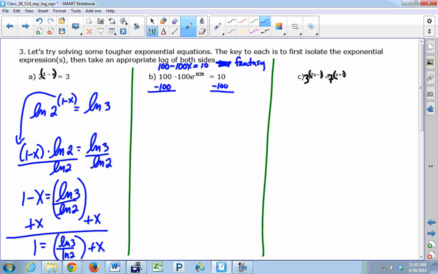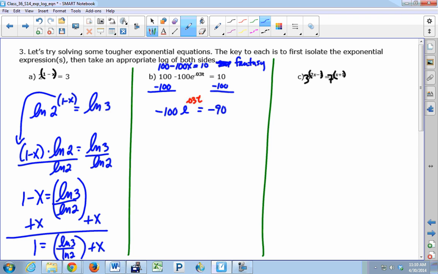Okay. So I get negative 100 e to the 0.03t, and I'm going to put my 0.03t in a different color so you can see it, equals negative 90. If I were using my little fantasy, it would have looked like this: 100 minus 100x equals 10, right? I would have subtracted 100 from both sides and gotten negative 100x equals negative 90.